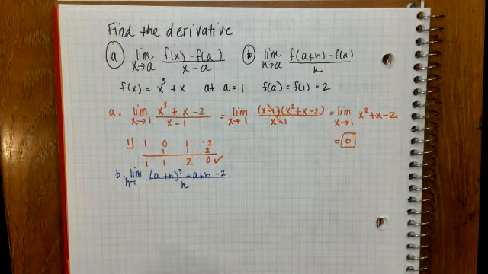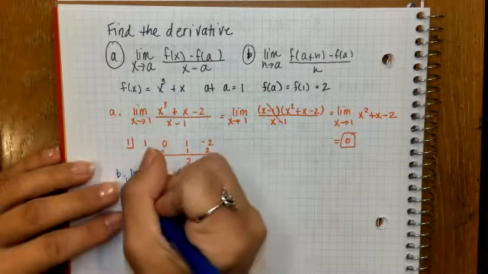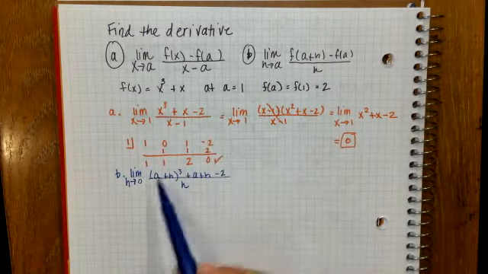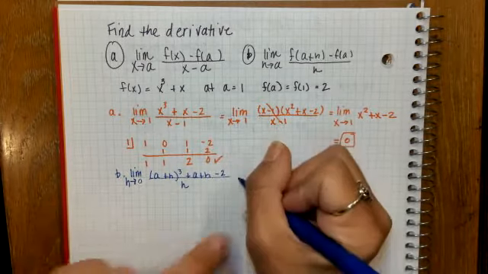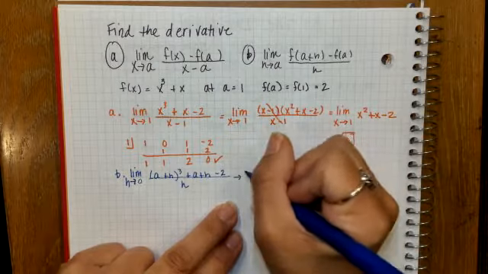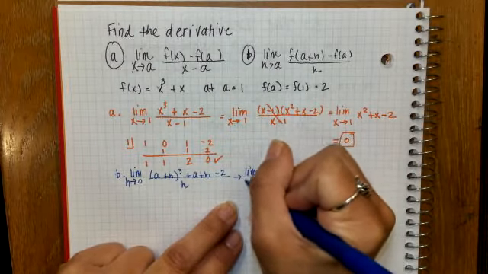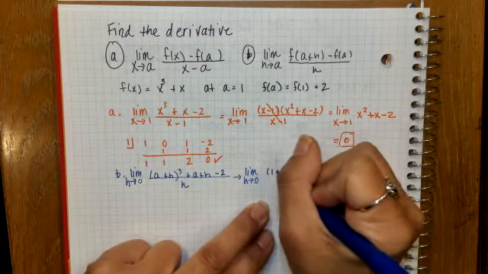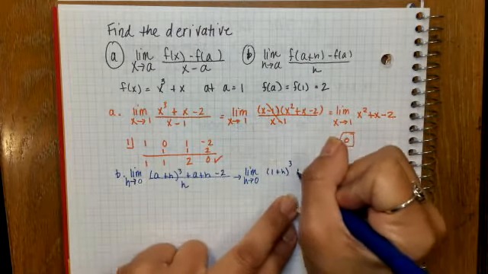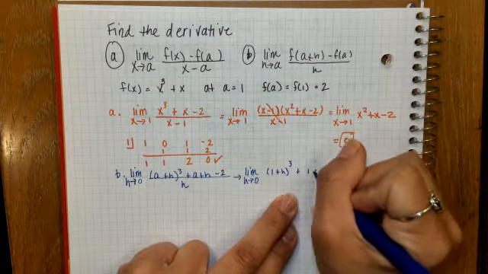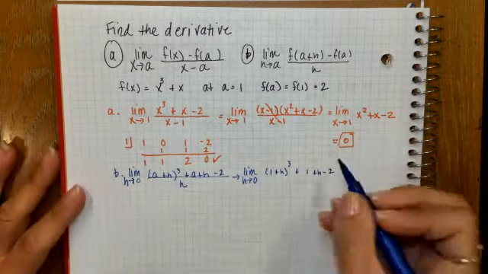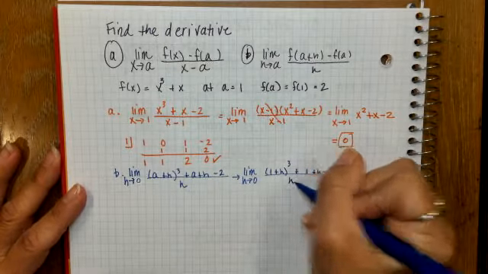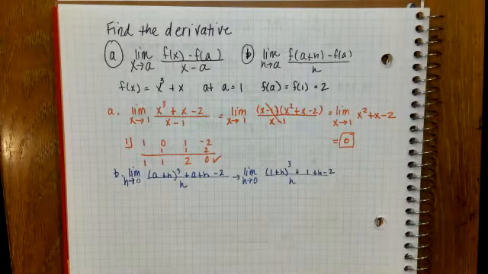And I know that a is 1. I should have done that from the beginning, but I didn't. We'll do it now. So this is 1 plus h cubed plus 1 plus h minus 2 all over h. So clearly this is a problem. I can't plug in 0.